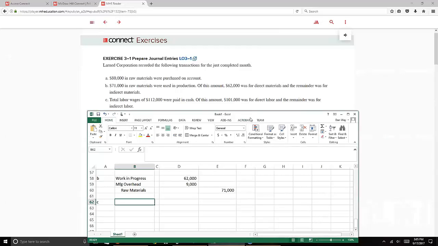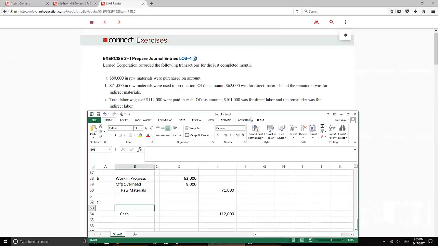Total labor wages of 112,000 were paid in cash. Of this amount, 101,000 was for direct labor, and the remainder was for indirect labor. So one more time, I'm going to start with the last entry and say, well, we know we paid cash, so we don't need wages payable or anything like that.